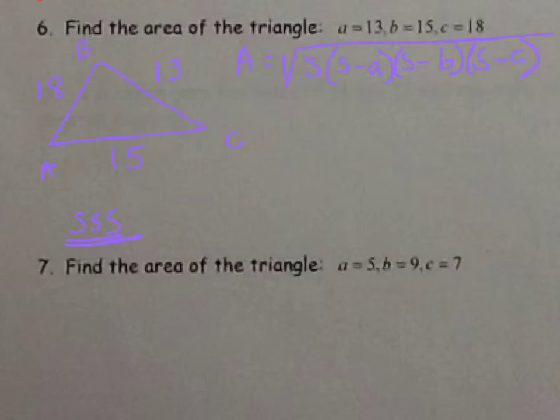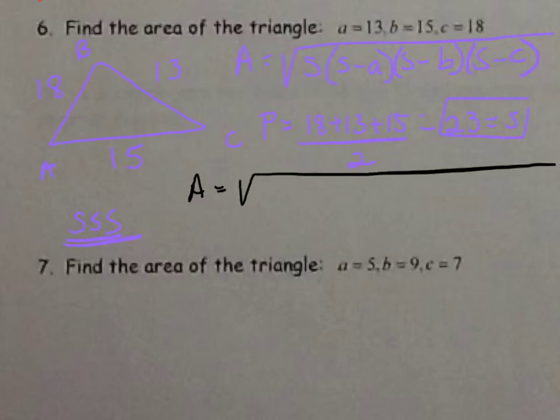If I do the semi-perimeter for this one, let's talk about the perimeter first. I would say 18 plus 13 plus 15. So I get for the entire perimeter 46. And then if I cut that in half, that gives me the semi-perimeter, and I get 23. So this 23 is my S. Then if I look at the problem again, as long as I know the three side lengths, I'm ready to go into my formula.